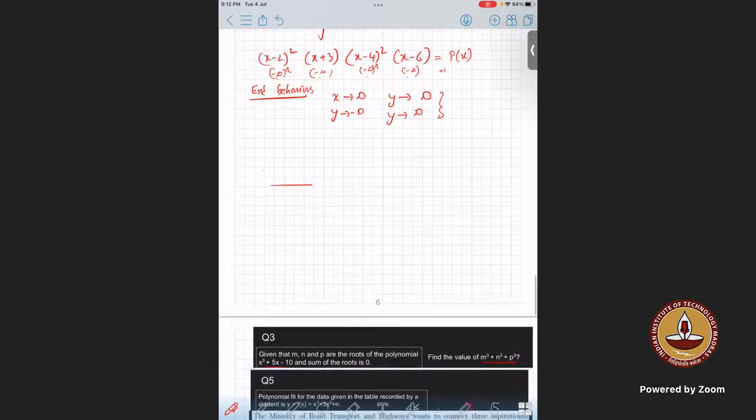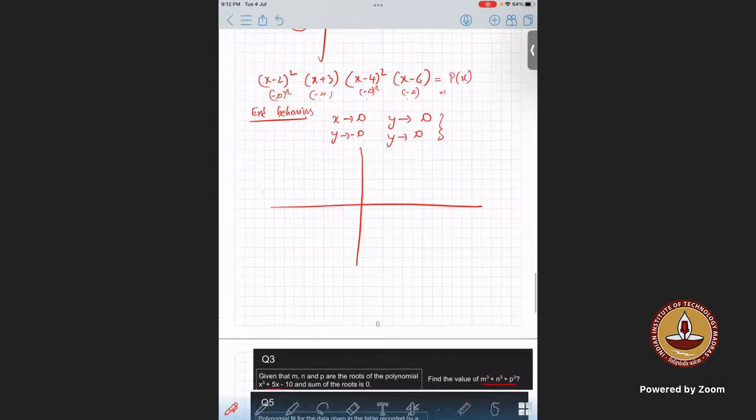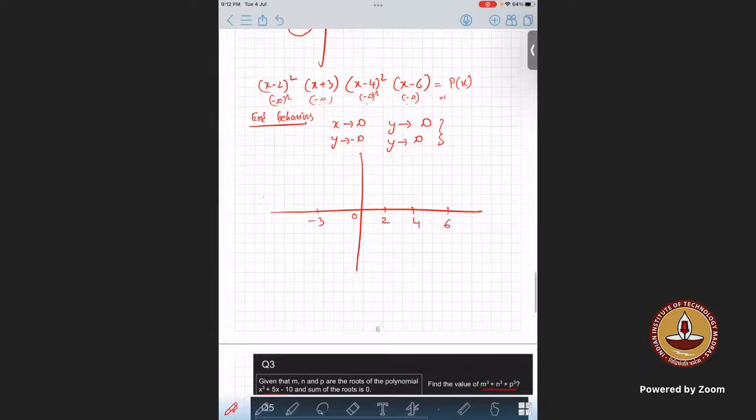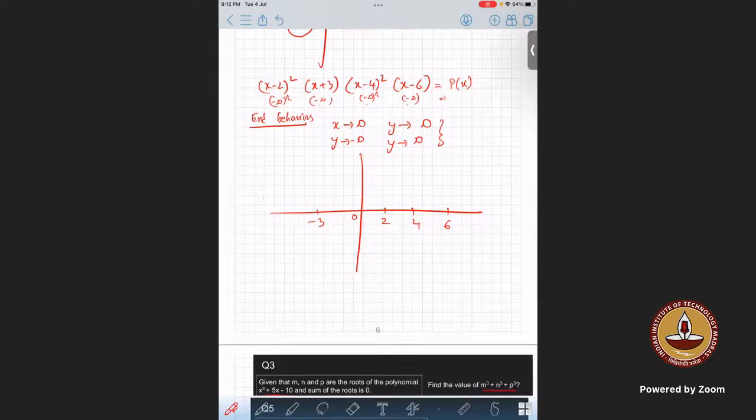Then draw the graph with roots. Just plot all the roots. 0 is not a root; 2, minus 3, 4, 6 are the roots. Now listen very carefully. Let us start from x equal to infinity, then y equal to infinity.